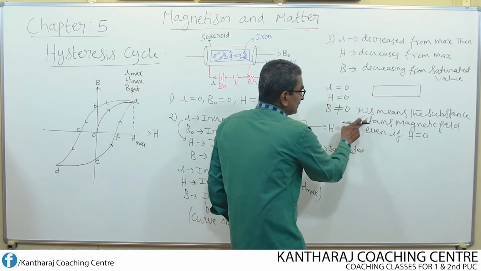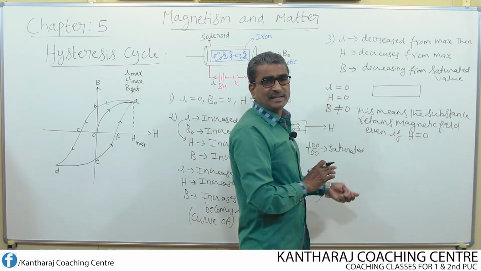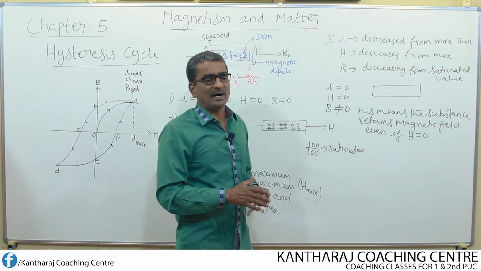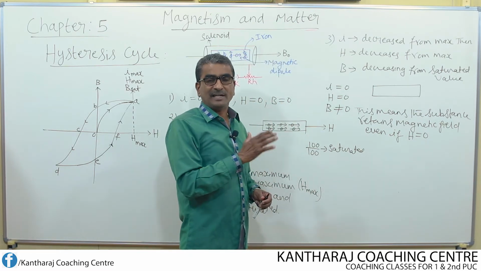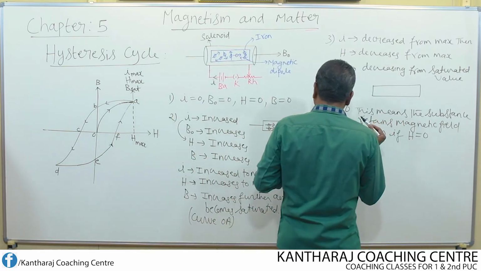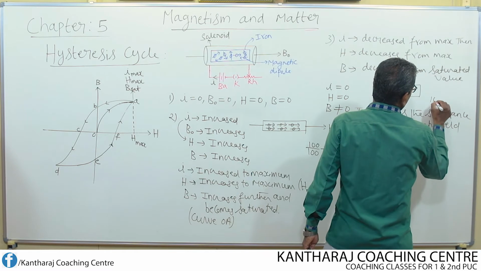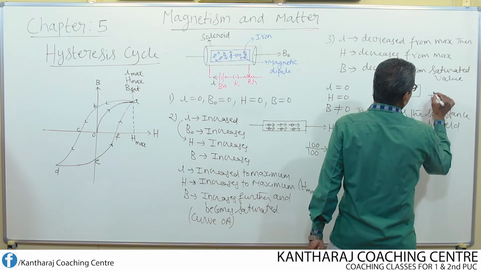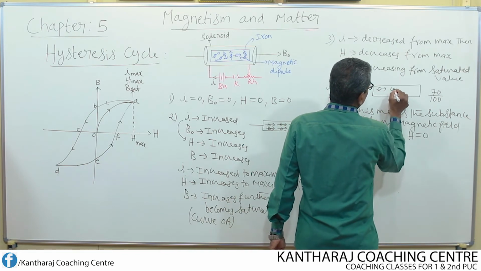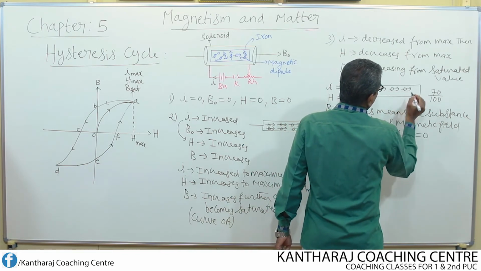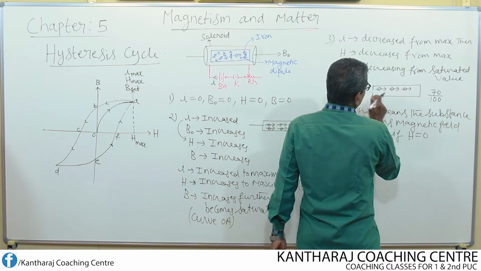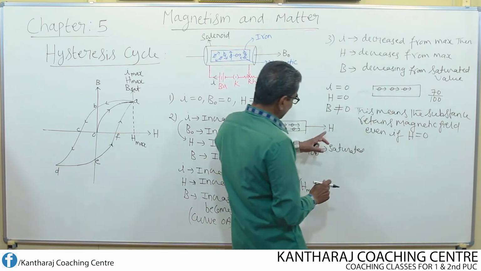What is the meaning of substance retaining the magnetic field? Retaining the magnetic field means it retains its magnetism. It is not going to behave like an ordinary iron bar. Still it possesses some amount of magnetism. That means, suppose there are 100 dipoles, out of 100 dipoles, say for example, around 70 dipoles may still align in the direction of H. So this was the direction of H initially.